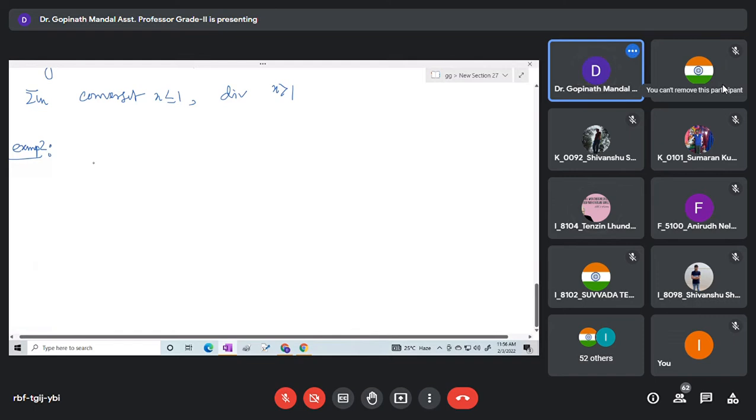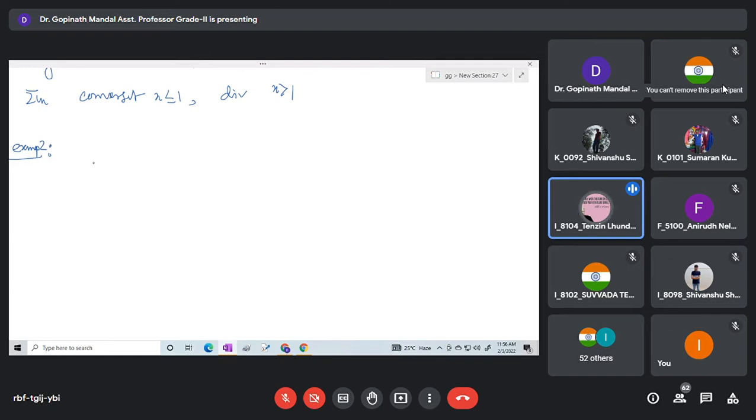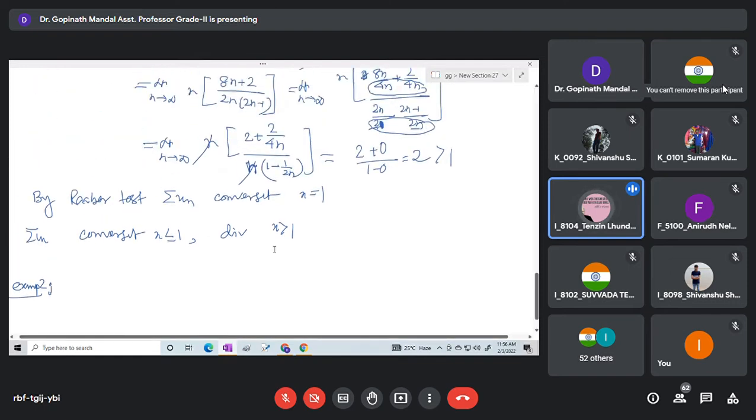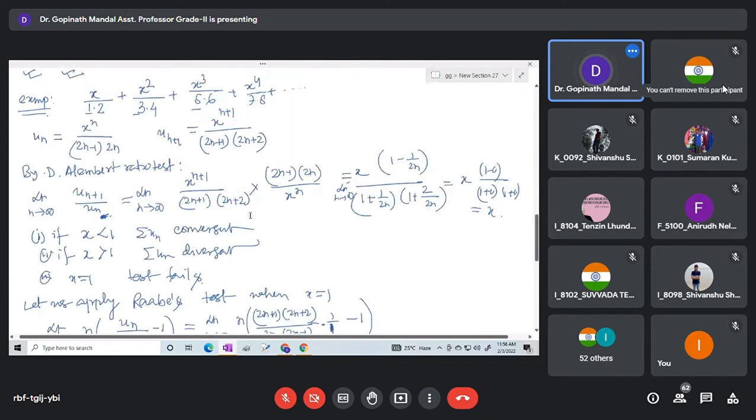When x is less than or equal to 1, in the above statement you have written when x equals 1 it fails, sir, in Rabi's test. X equal to 1, this is convergent, right? And by D'Alembert ratio test, x less than 1 convergent. So finally, this is convergent for x less than or equal to 1. Okay, sir.